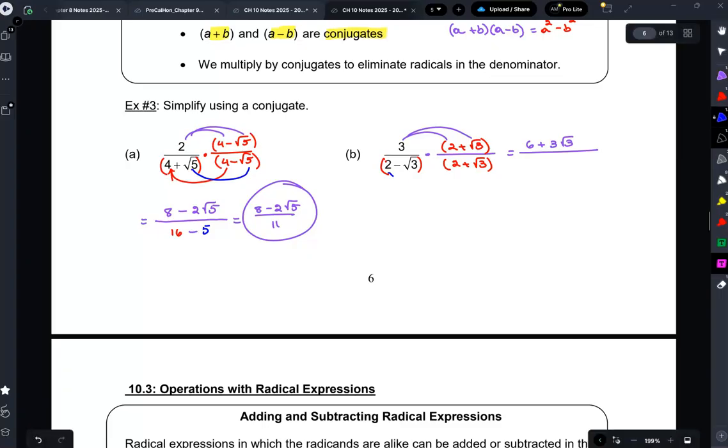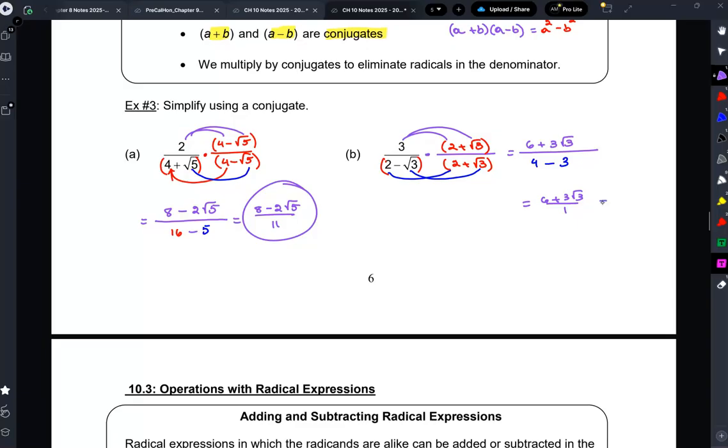Here, this one, 4. Ooh, what about this one? 3. What do I put in the middle? Minus. So 6 plus 3 root 3 over 1. 6 plus 3 root 3.